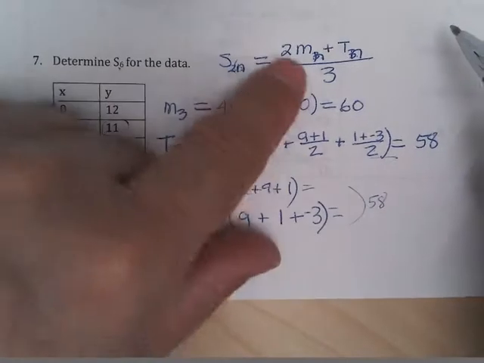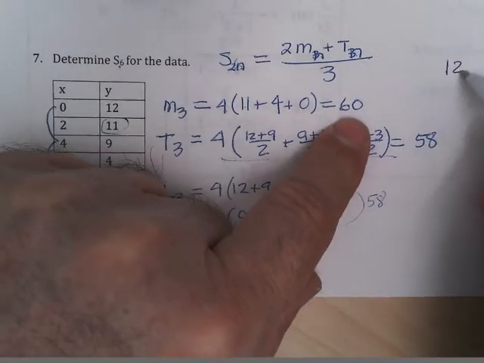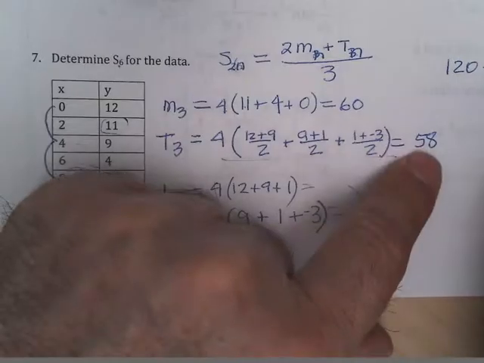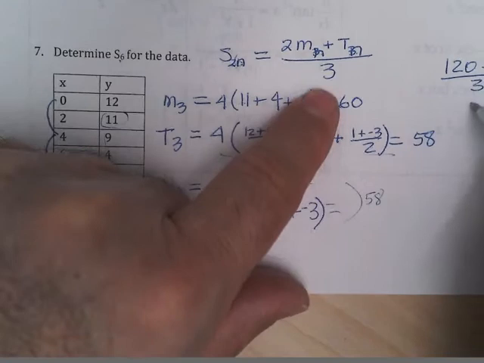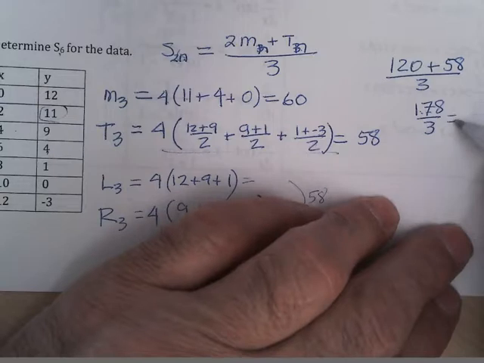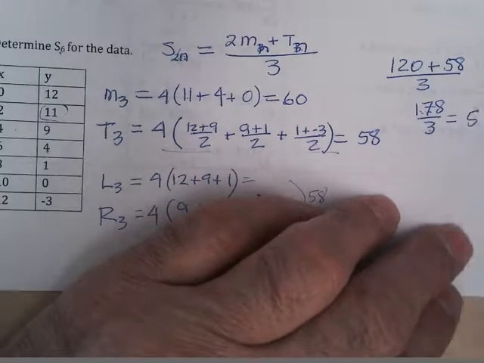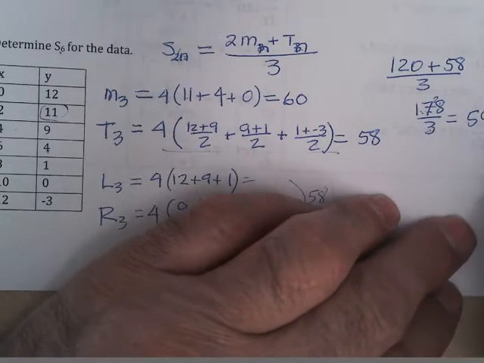So I have to do 2 of the midpoints. 2 times 60 is 120, plus 1 of the trapezoidal, divided by 3. So that's 178 divided by 3. 3 goes in there 5 with 2 left, 3 goes into 27 nine times, and 1 left over, and 1/3.